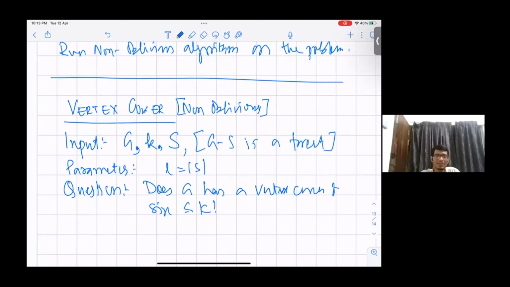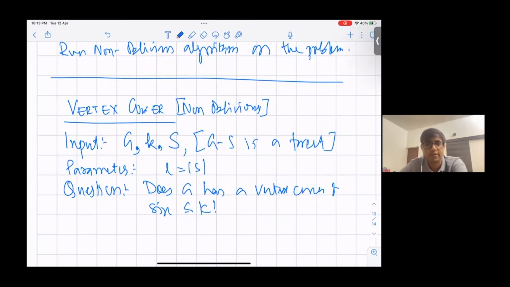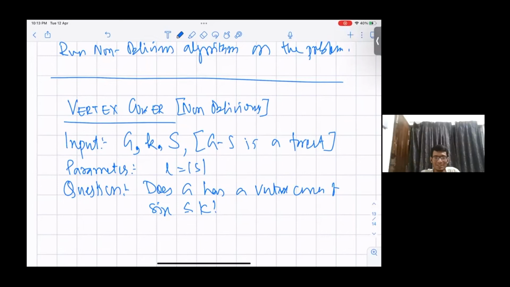Yes, you can design an algorithm. What is the algorithm? I think Sanjay has run away, so I was searching for him. He's not around. So what algorithm? Same as Sanjay told earlier.